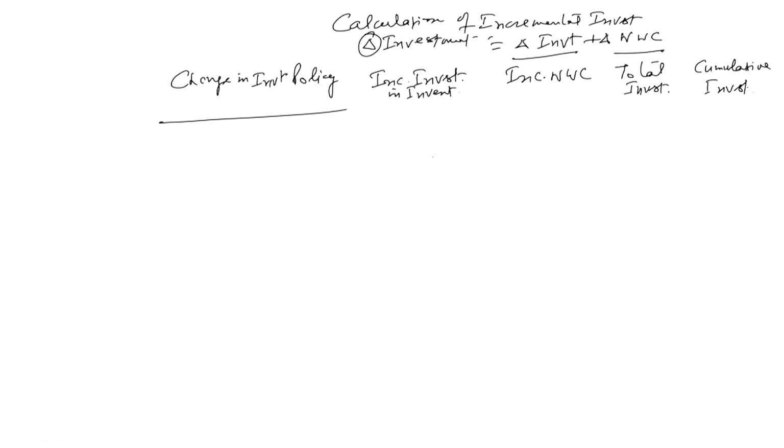We are starting with the change in the inventory policy, incremental investment in the inventory, then the incremental net working capital, total investment, this plus this, and then the cumulative investment.